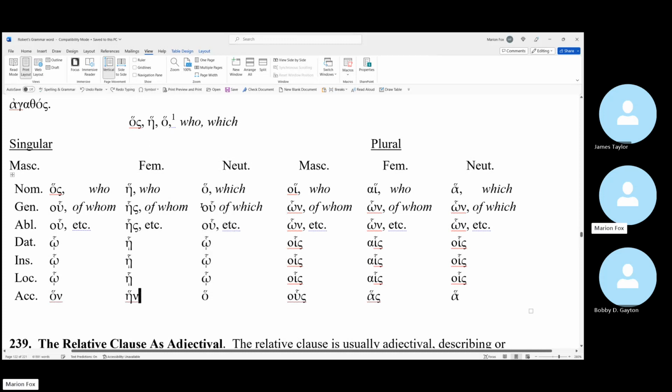All right, can you see that right here and here? Also, the forms here are the same as the forms over here.